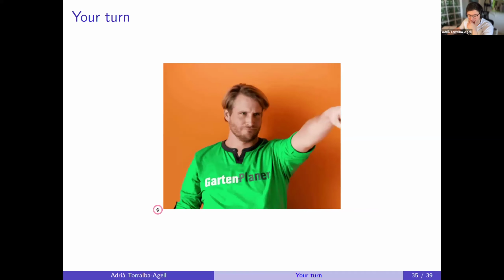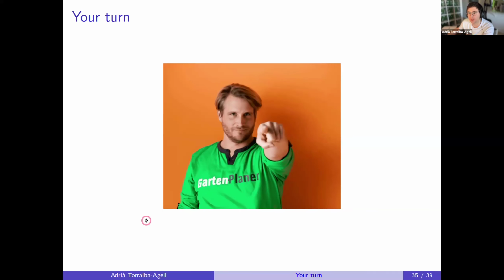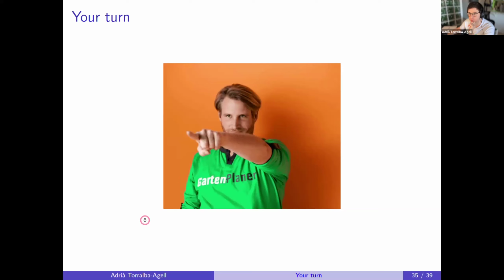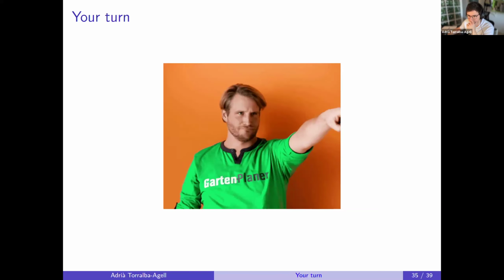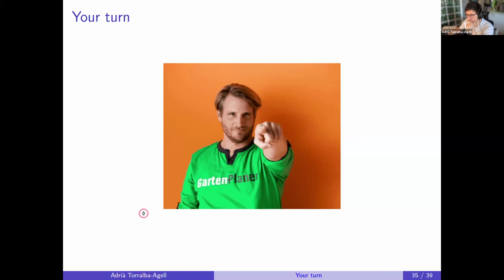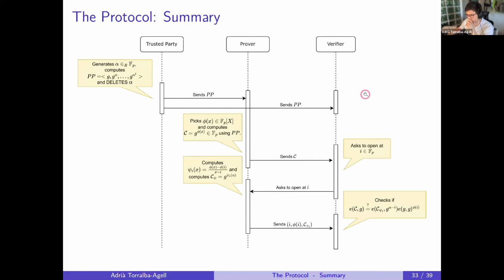And if not, we are going to start with the hands-on part of this workshop. So I suppose that everything is clear. Yeah, I guess we can start with the hands-on.